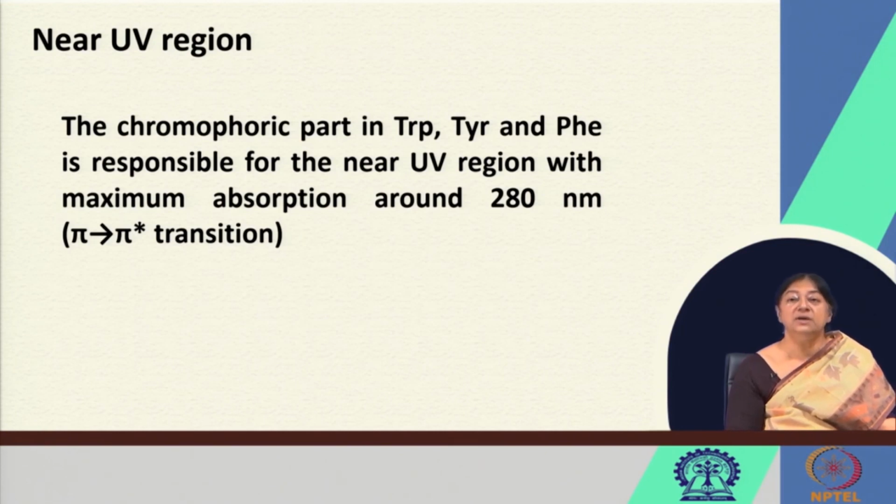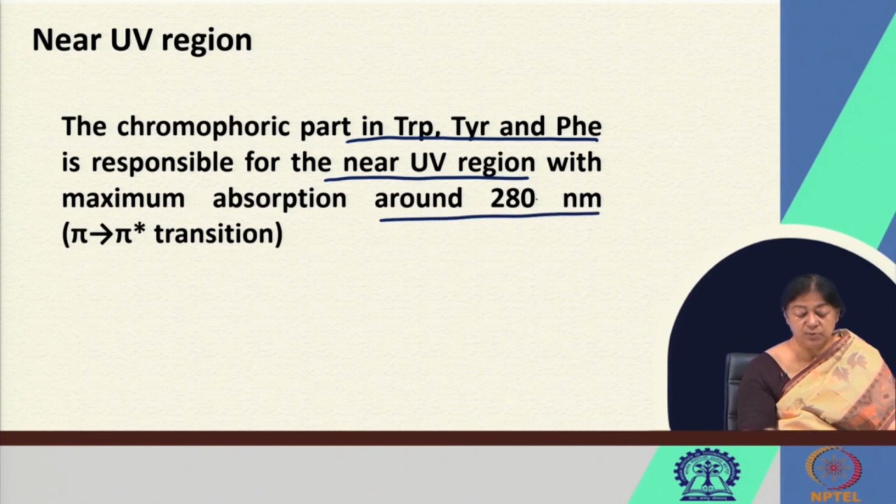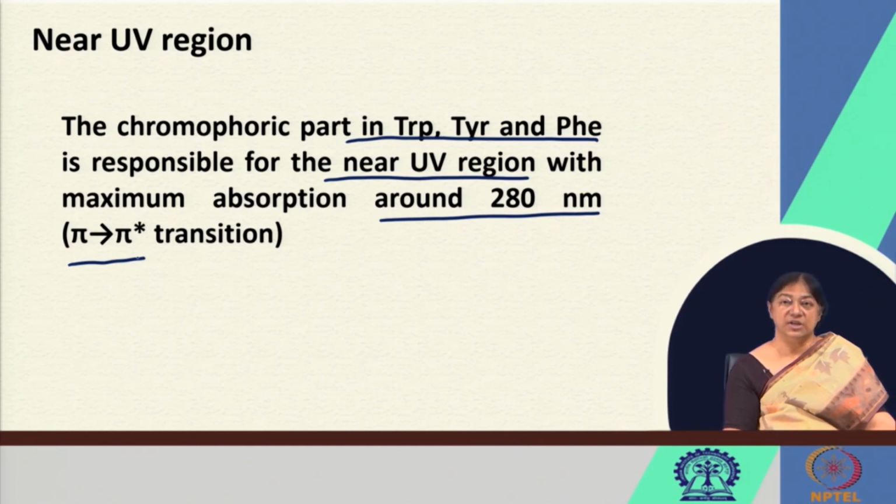So, we look at the near UV region. What do we mean by the near UV region? We know that the visible region starts from 400 nanometer to 700 nanometer. So, the near UV region is close to 320 nanometer. So, the chromophoric part in tryptophan, tyrosine and phenylalanine is responsible for the near UV region with a maximum absorption around 280 nanometer, which corresponds to the pi to pi star transition.